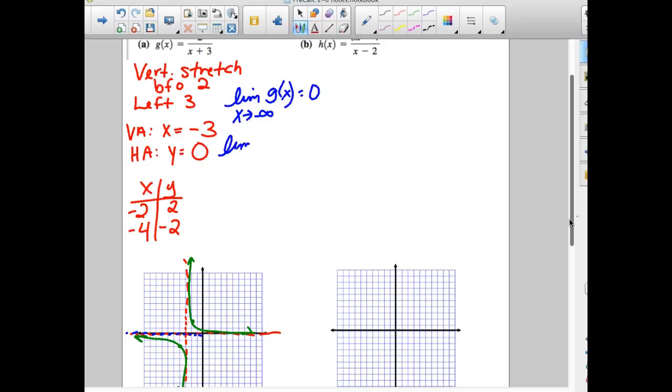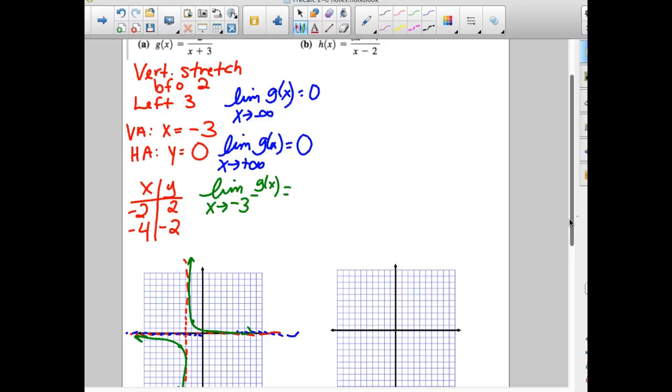What happens as x goes towards +infinity? As my x's get bigger and bigger over here, I'm still coming down towards 0, right? Coming down from the top side, but I'm still approaching 0. All right. What happens as I approach -3 from the left?